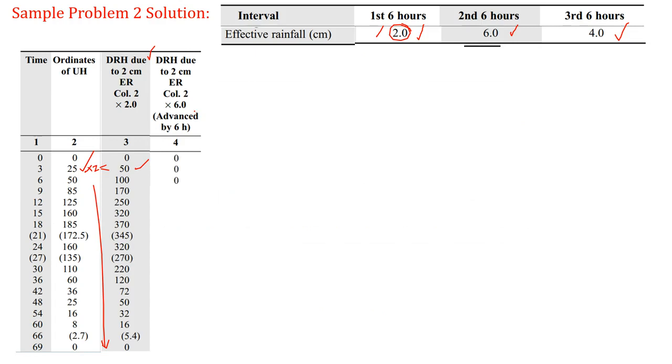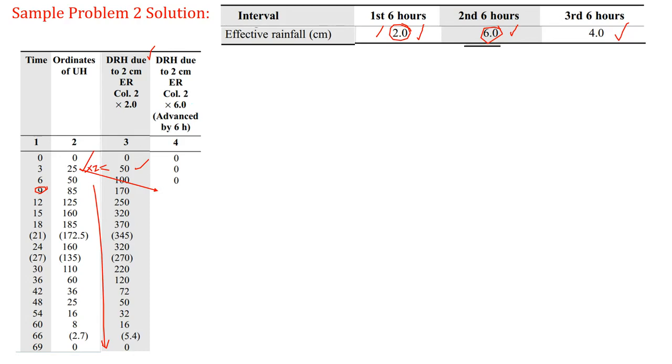So, if advanced by 6 hours, ibig sabihin, wala muna tayong i-multiply na value ng effective rainfall for the first 6 hours. Pagdating natin sa 9th mark, so saka tayo mag-multiply ng 6. Ito yun, no?